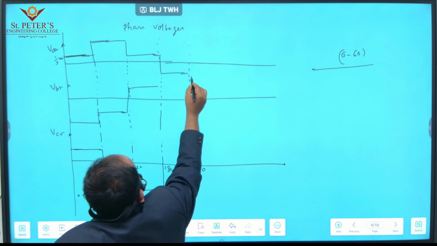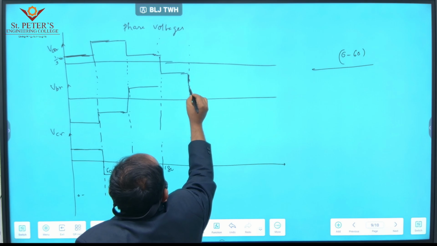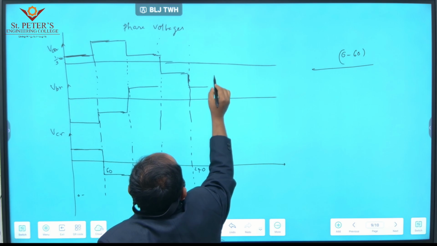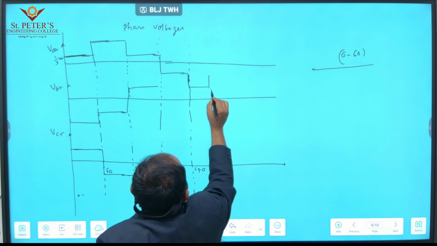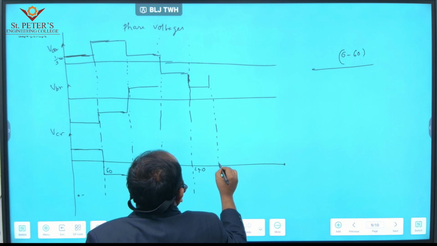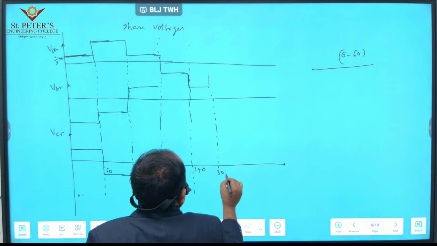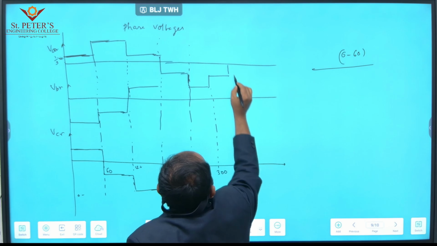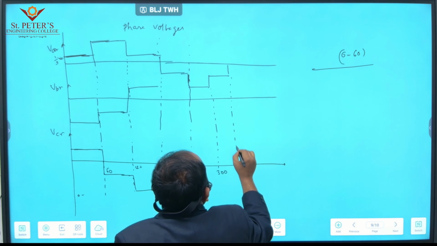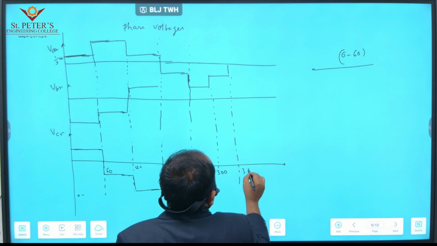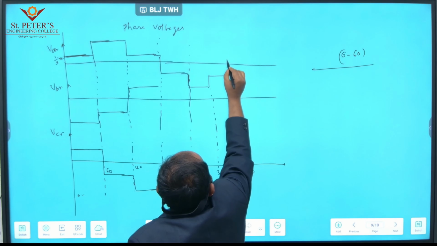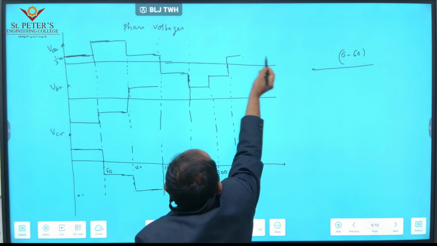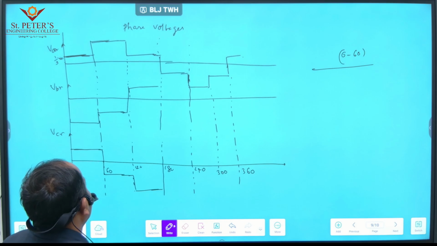Then minus 1 by 3 VDC up to 300, and from 300 to 360 also minus 1 by 3 VDC. This cycle can be repeated again from 60, 120, 180.